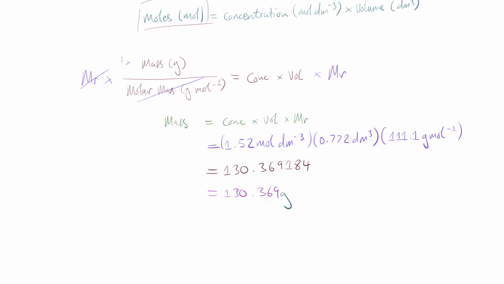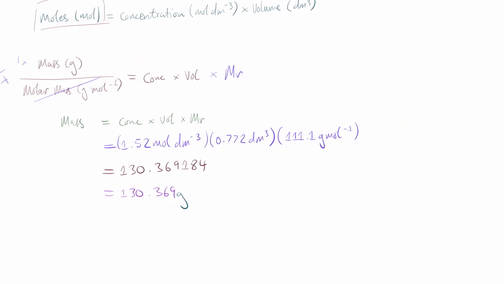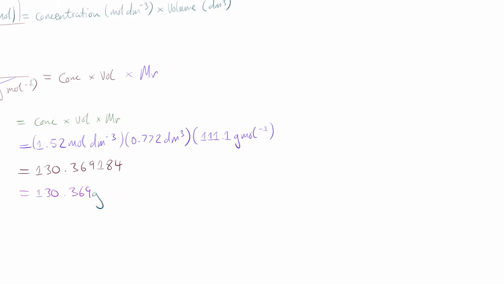We can also look at how we self-check our units. This is a relatively straightforward calculation, but when things get more complicated, tracking the units themselves can be quite useful.